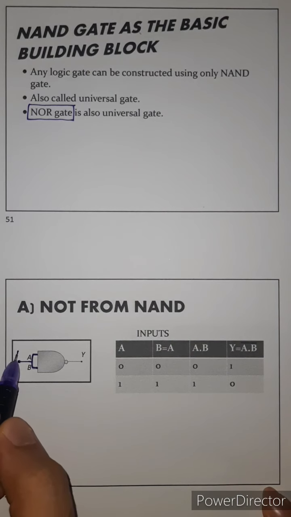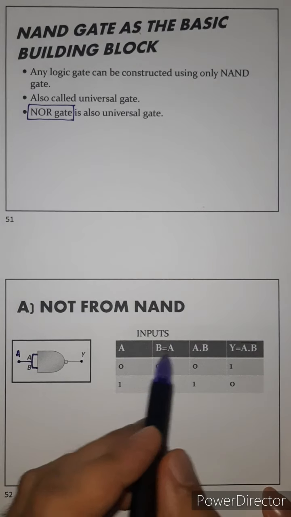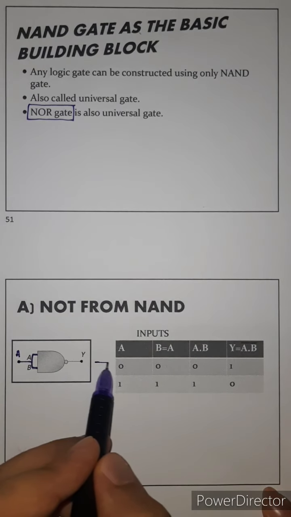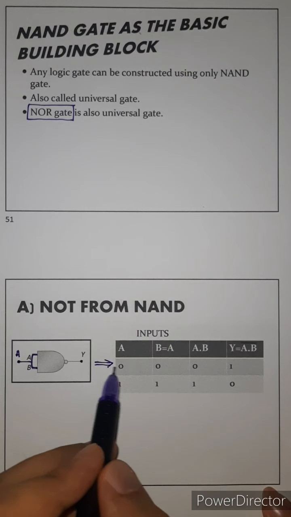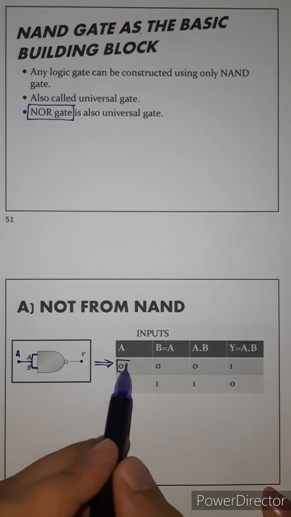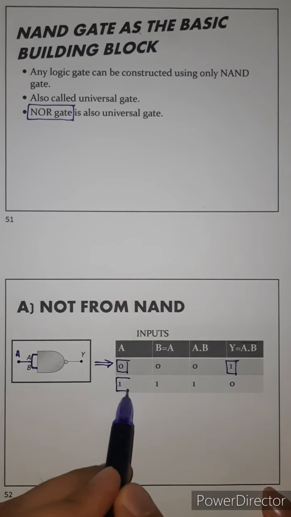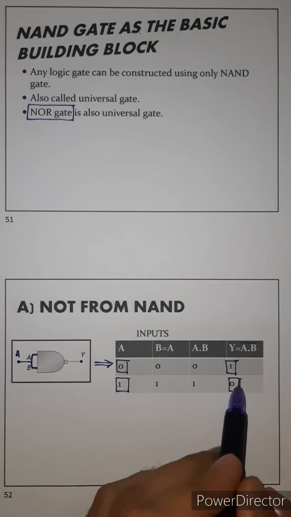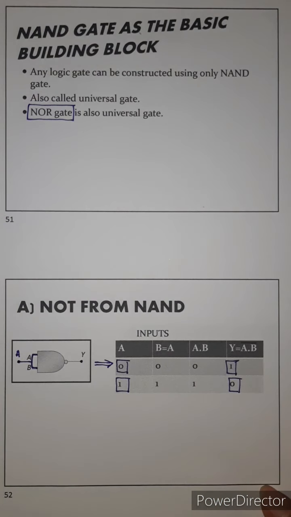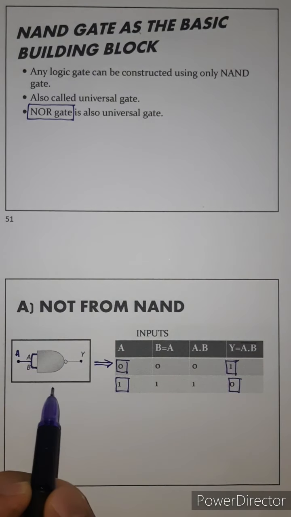So this is our single point input A, and this is our final output Y. If you draw the truth table for this particular circuit, it is evident that if input is equal to 0, the output is equal to 1. In case when input is equal to 1, the final output is 0. So in order to form a NOT gate from NAND gate, only one NAND gate is required.